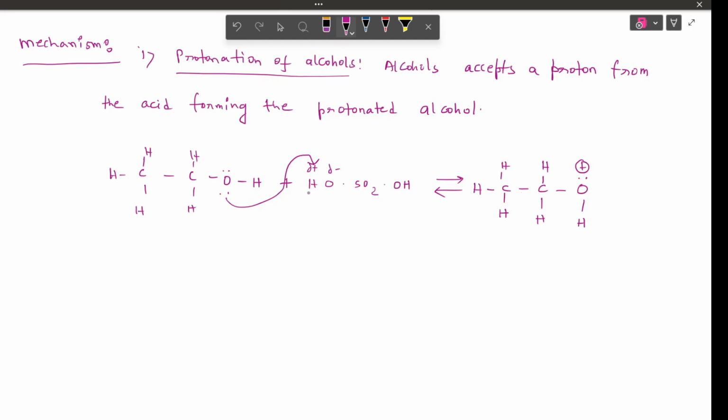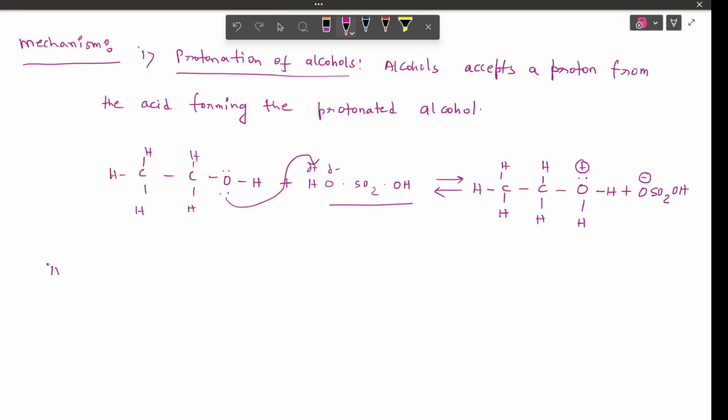So it has taken hydrogen from this. This H will be as it is, plus we have OSO2OH. This whole thing will be as it is with a negative sign.